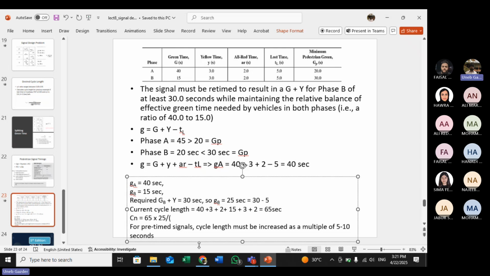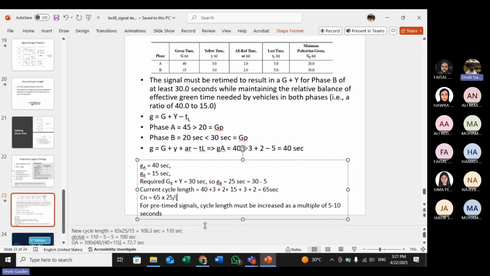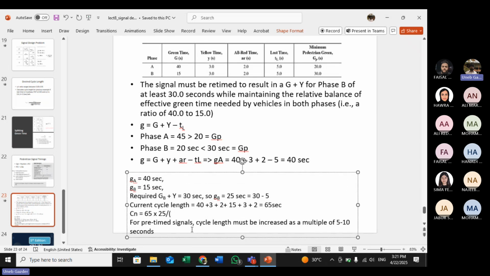Let me just check. I'm missing something. Sorry for that. Okay, so the new time of phase B upon the old time of phase B. So new cycle length equals, and it's a ratio approach if you want to, if it is confusing you.